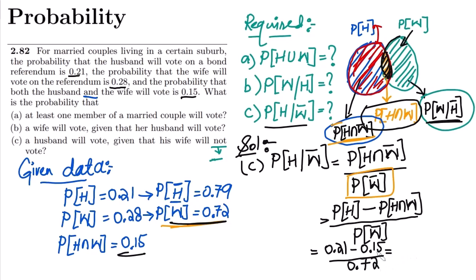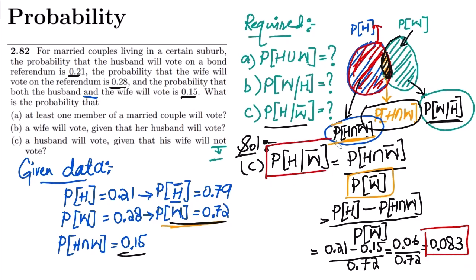Now finding it, I get 0.06 divided by 0.72, and ultimately I get 0.083, which is the solution of that probability that the husband will vote while his wife will not vote.